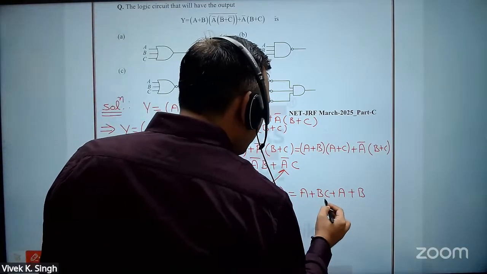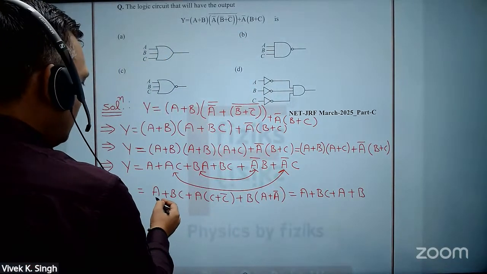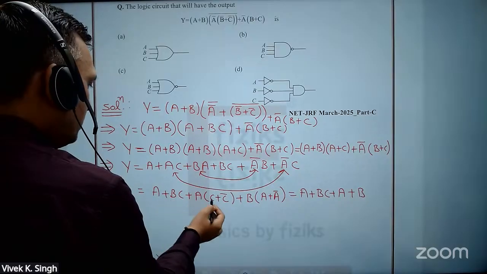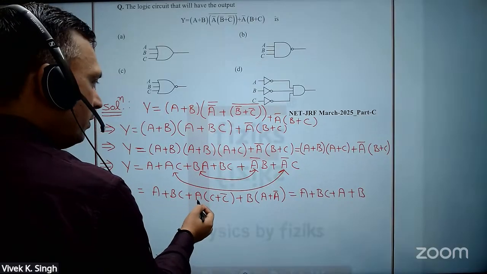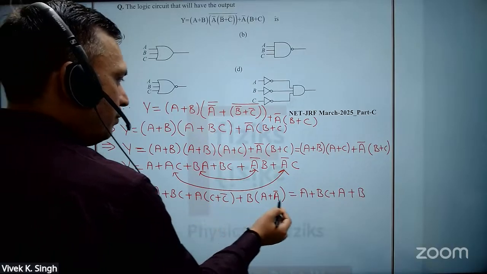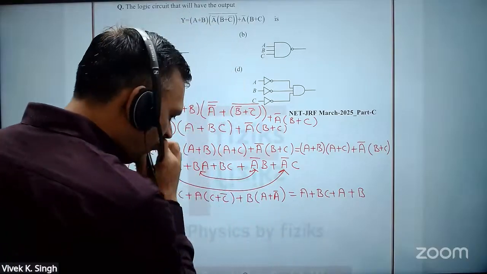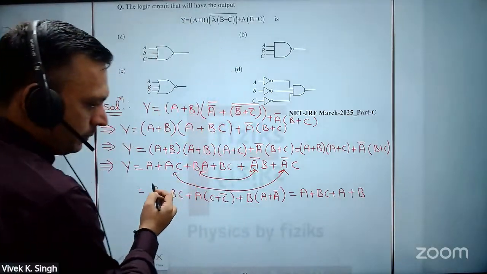Now from these, this is C plus C bar. So that will give you A. Is it correct? So let's check this.